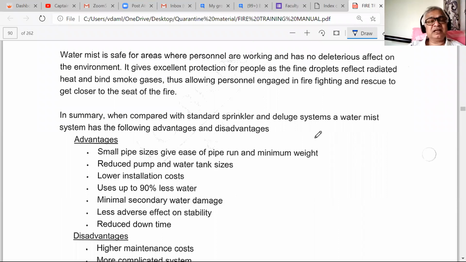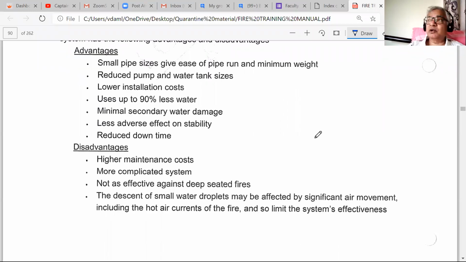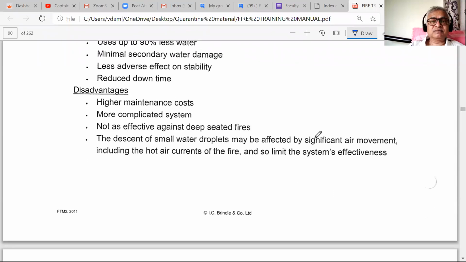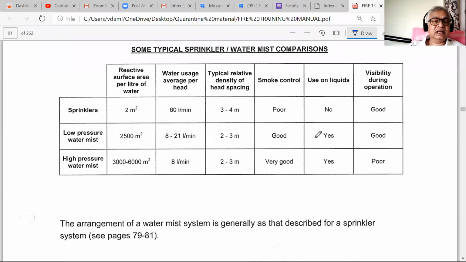Usual stuff will be there because the newer technologies means higher maintenance cost and all, but they are more efficient. The sizes are smaller and the efficiency is higher. So overall, the technology always wins. And we saw here, say, 1 liter of water with a sprinkler, it covers up about 2 square meters.